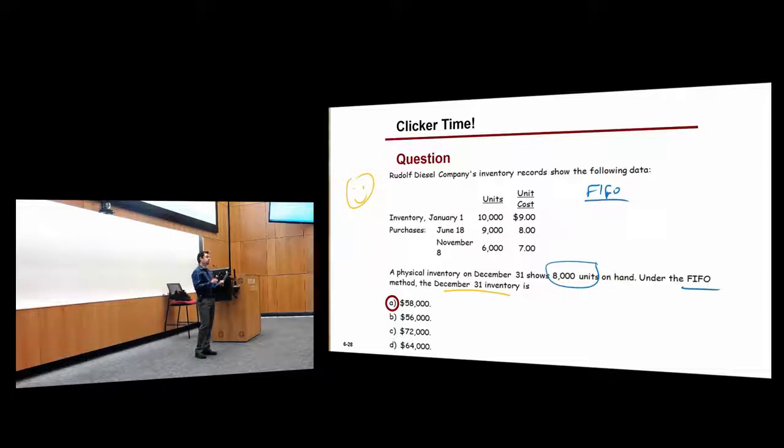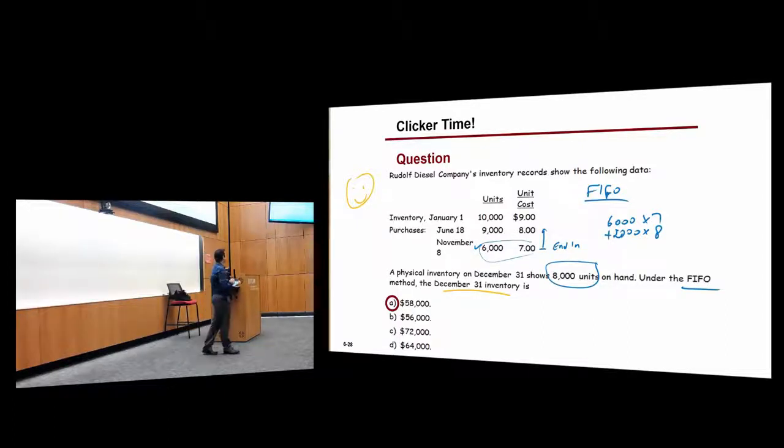Earliest purchases are sold first. As a result, the ending inventory will be from this one first. You start with the latest. So for ending inventory, you start from here and you go backwards. We have 8,000 units. So we take 6,000 from this one, multiplied by 7, plus, how many do we still need? 2,000, right? We still have 2,000 from the previous one, multiplied by 8.